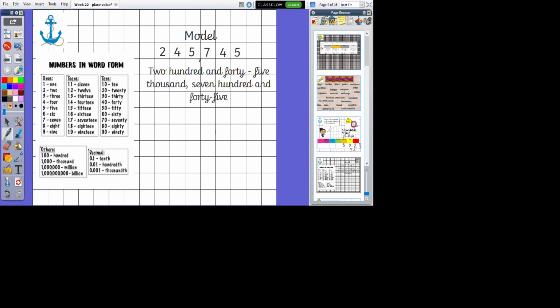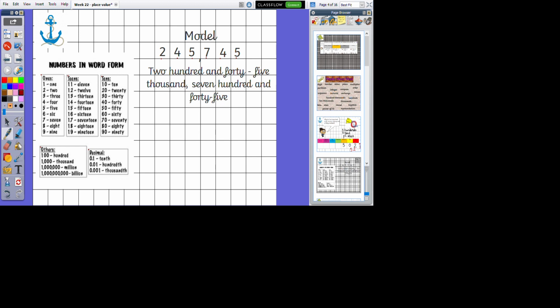So what I wanted to do before we move on is I wanted to have a look at the number we have got here. So we have got the number 245,745, okay, in its digit value. So I've written the digits 245,745. So when we write numbers out, we almost write them exactly how we say them.